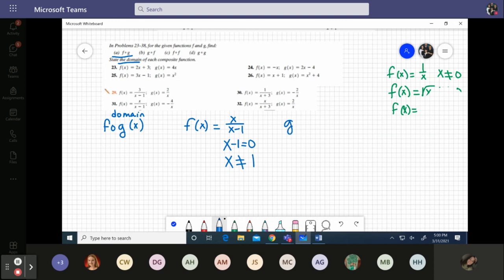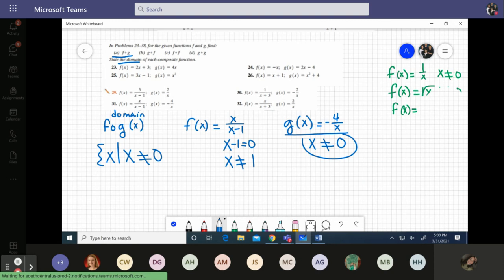G of x, x cannot equal a 0. So if I'm doing f of g, my inside function is g, that's automatically part of my answer. Does not equal a 0. I cannot have a 1 here. X cannot be 1 because I'll end up with a 0 in my denominator.